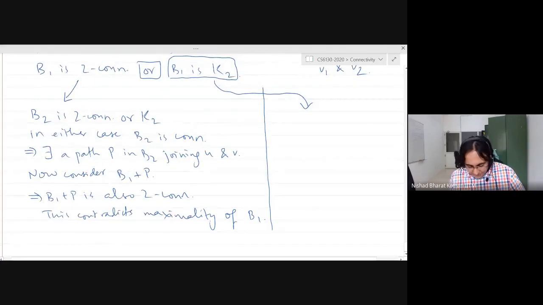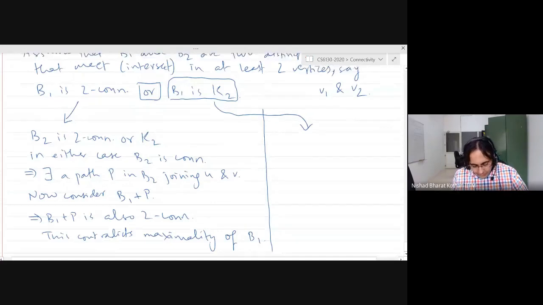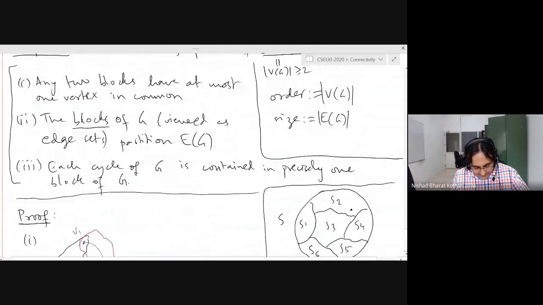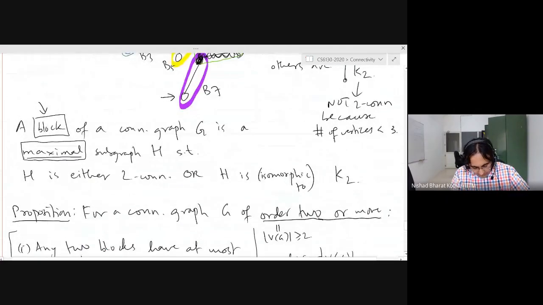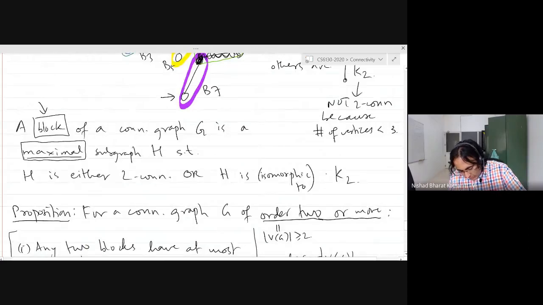If you are dealing with multigraphs in this case, then you have to change the definition of a block and allow a block to be K2 with multiple edges, and then you will get a contradiction to maximality.